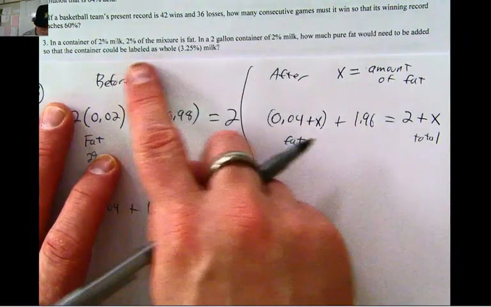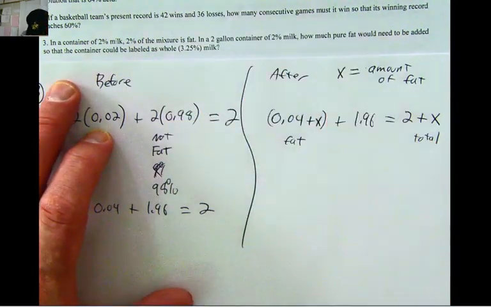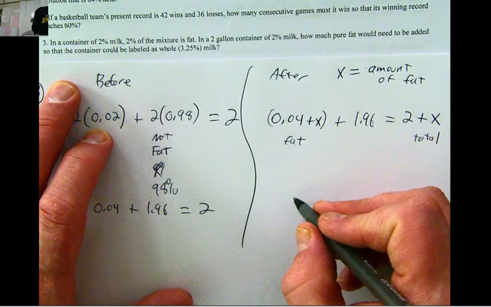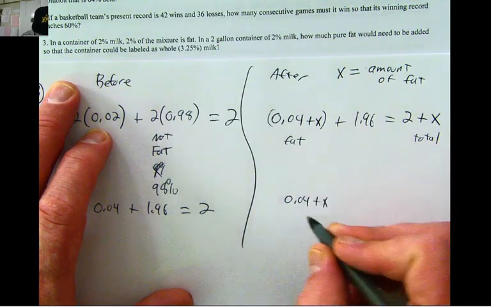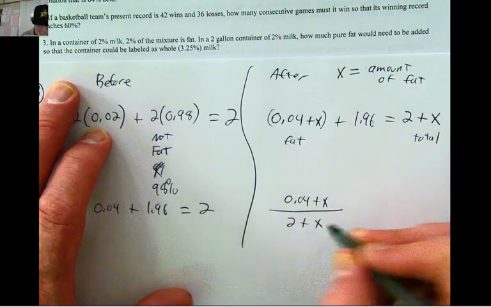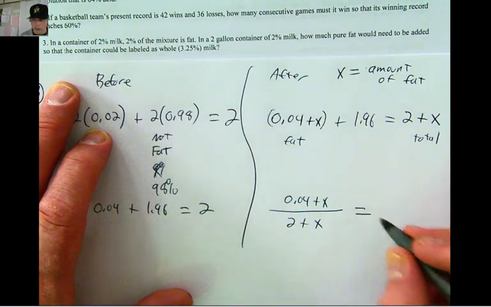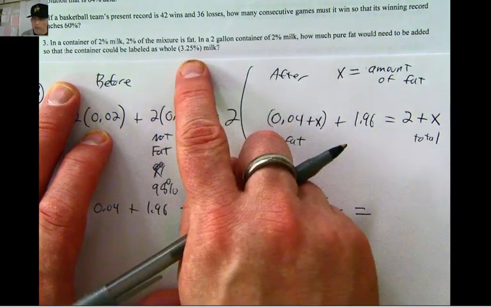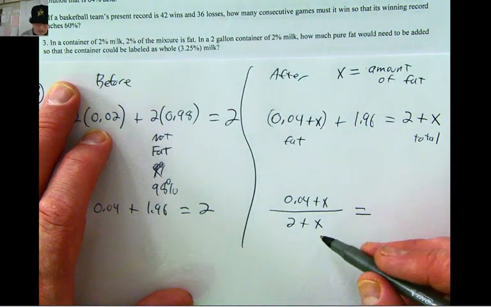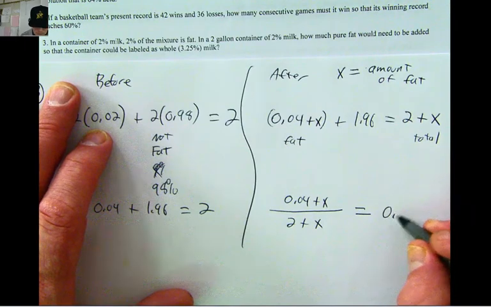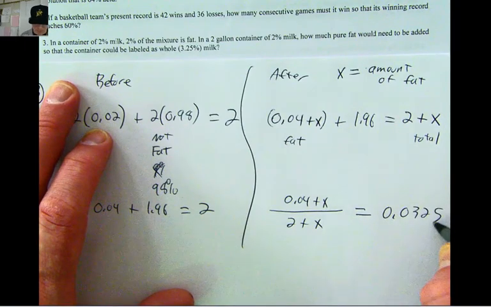And in this one, how much pure fat would be added? So we want the 0.04 plus x divided by 2 plus x to be equal to 3.25% fat. So we want the fat divided by the total to be 0.0325.